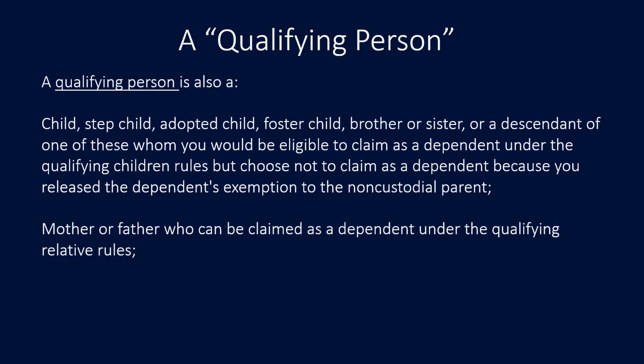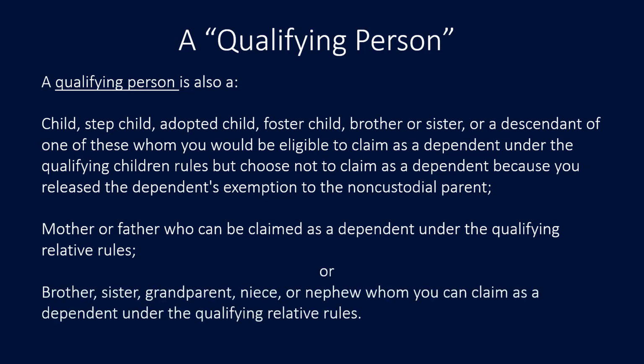A qualifying person is also a mother or father who can be claimed as a dependent under the qualifying relative rules, or a brother, sister, grandparent, niece, or nephew whom you can claim as a dependent under the qualifying relative rules.